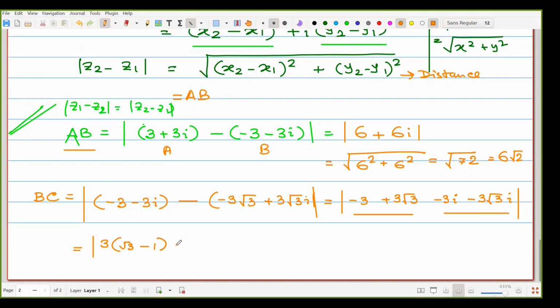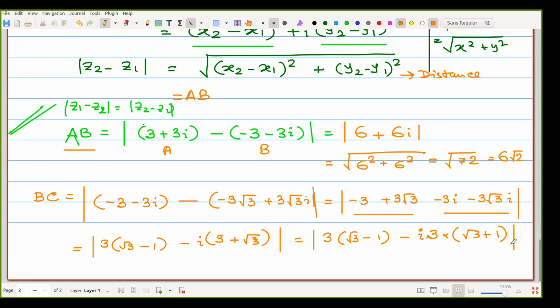Okay, it's better. And for the imaginary part, if we consider minus i, that means 3 plus 3 root 3, which can once again be written as minus i times 3 of (root 3 plus 1).